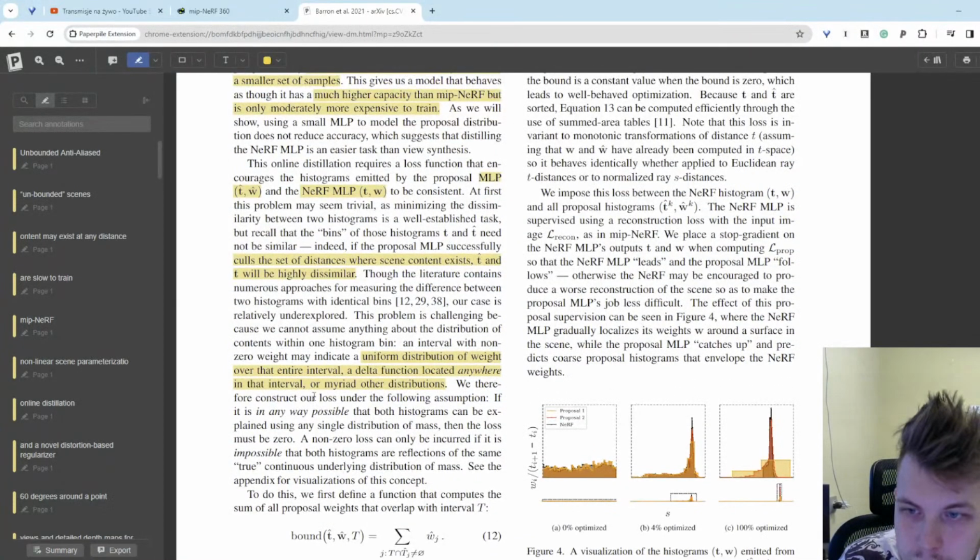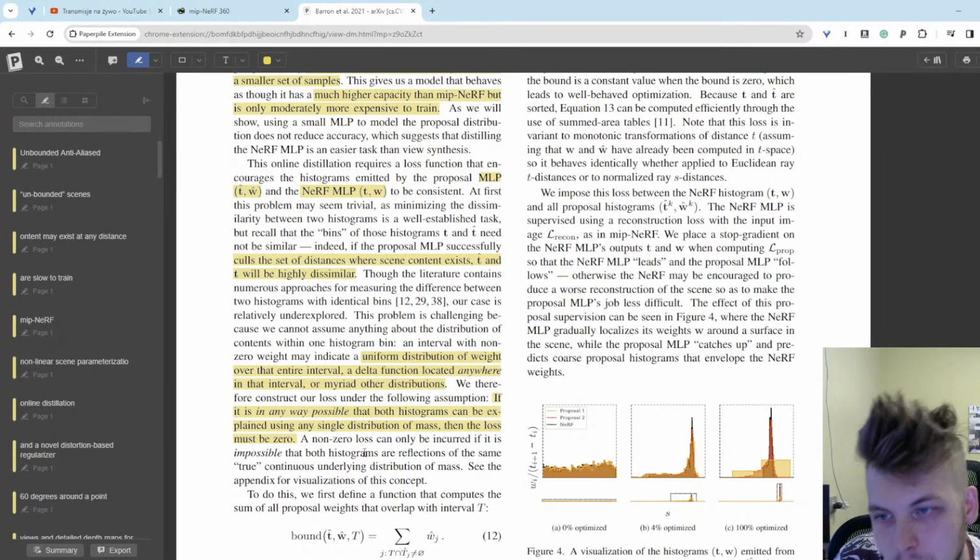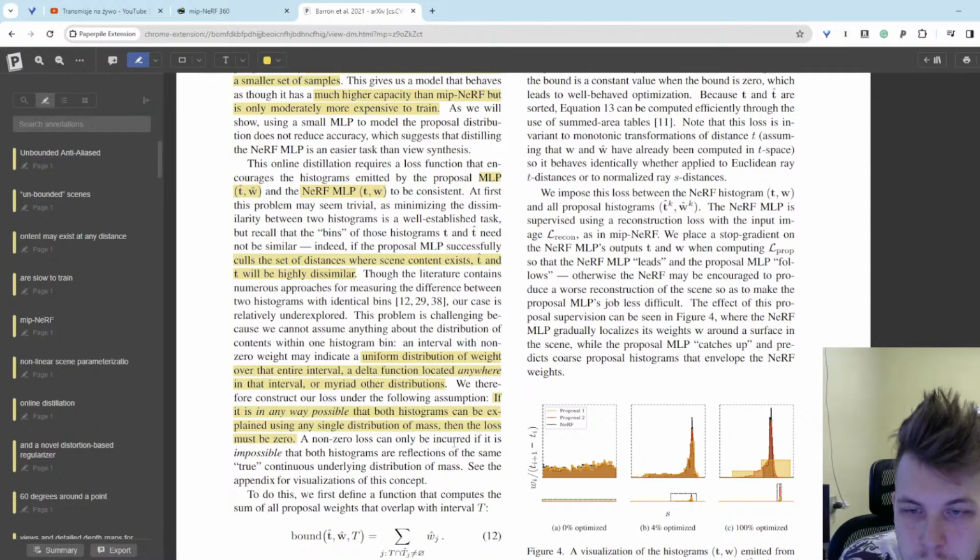We therefore construct our loss under the following assumption. If there is any way possible that both histograms can be explained using any single distribution mass, then the loss must be zero. So if there is a way for the NeRF MLP to have such a distribution inside that this uniformly sampled distribution makes sense for it, then that's great. A non-zero loss can only be incurred if it's impossible that both histograms are a reflection of the same true continuous underlying distribution mass.